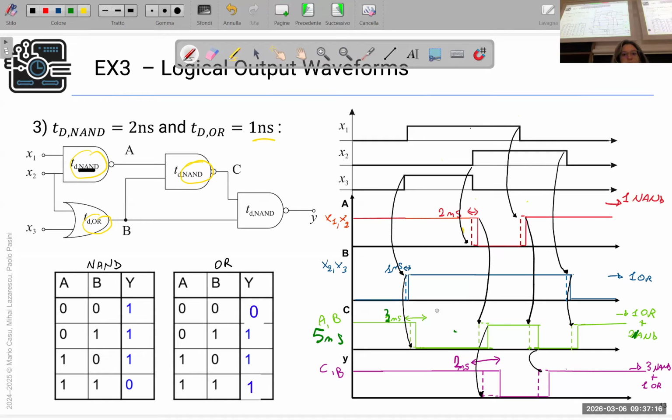Let's think that this is 3. This is 4, right? And this is 3 again. Yeah, 3. Red plus blue plus 1, which is similar to this, but it's the delay of this NAND. Okay, so let's do it again for the last output so that maybe it's better to understand.